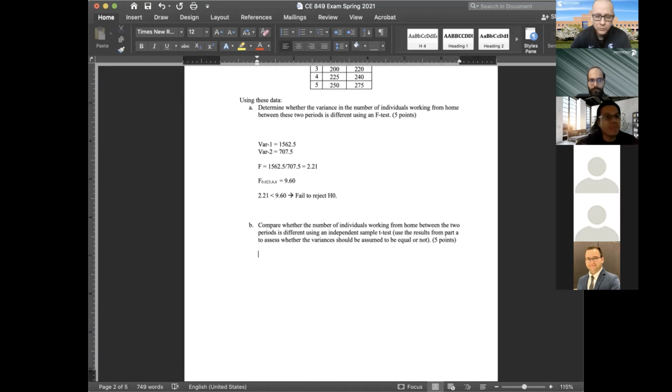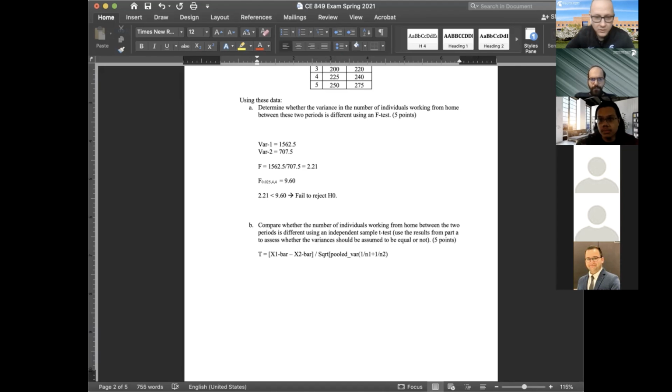Right. So we're assuming our variances are equal, and consequently our test statistic is simply going to be x1 bar minus x2 bar, all over the square root of our pooled variance times 1 over n1 plus 1 over n2.